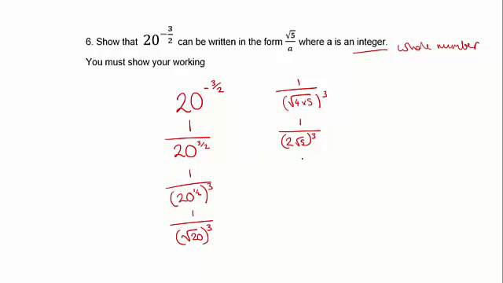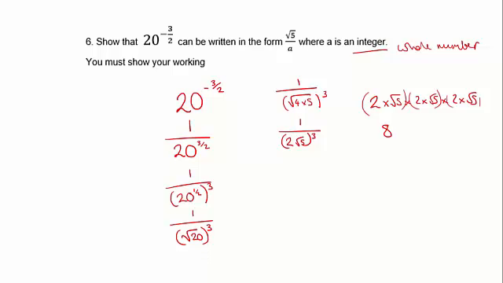Now 2√5 cubed, that means 2√5 times 2√5 times 2√5. You're doing 2√5 multiplied together 3 times. Now, what is that going to be? Well, if we multiply the 2's, 2 times 2 is 4 times 2 is 8.